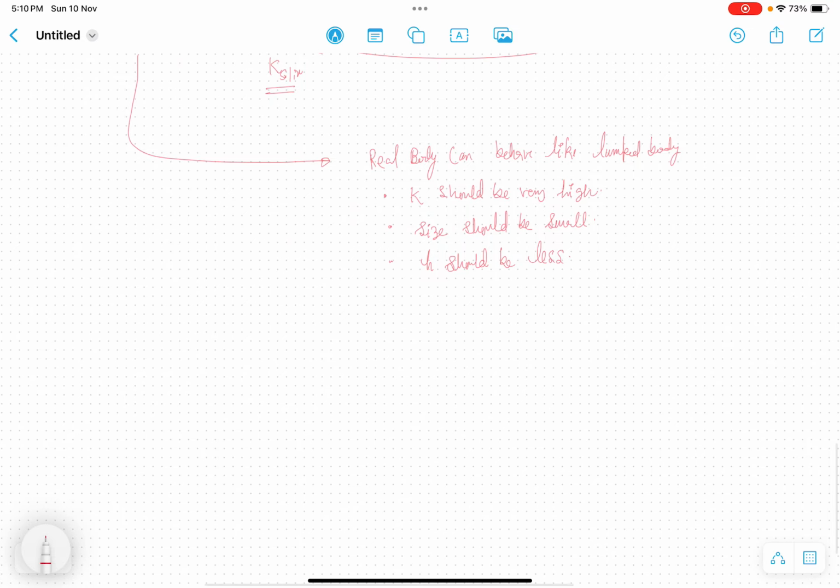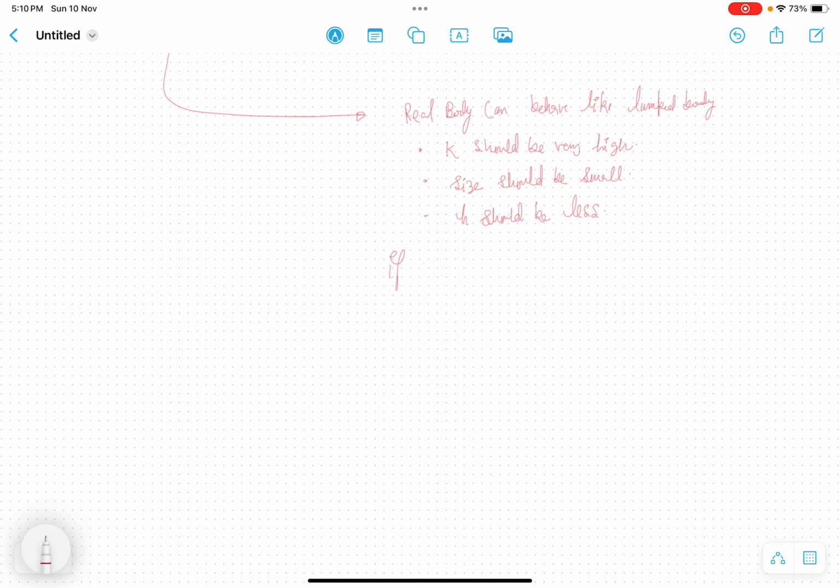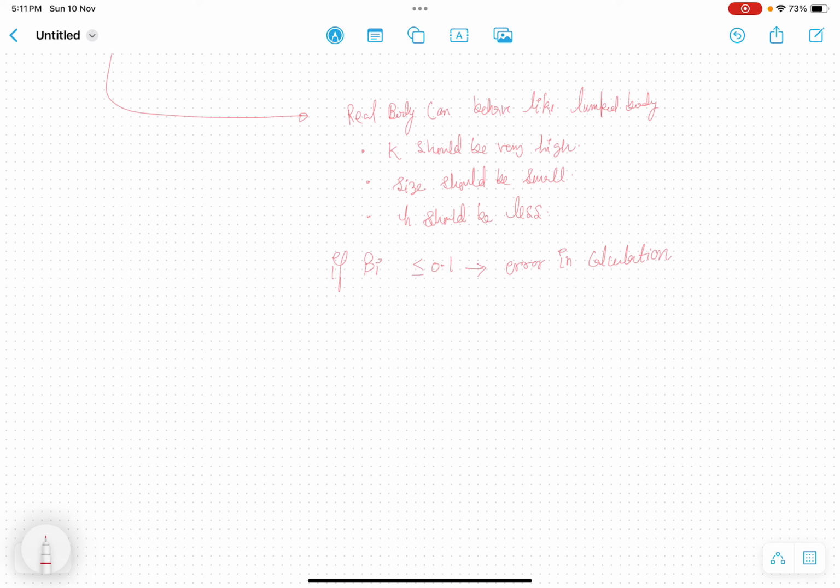So in various textbooks it is written that if Biot number is less than or equal to 0.1, then the error in calculation of the temperature with respect to time and position is very small by assuming it to be a lumped body.